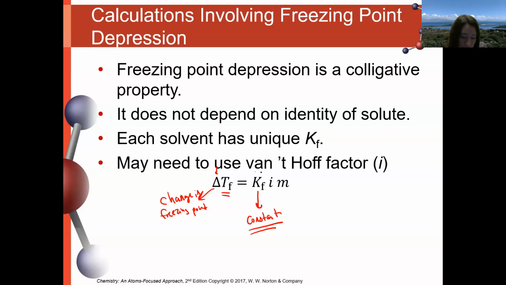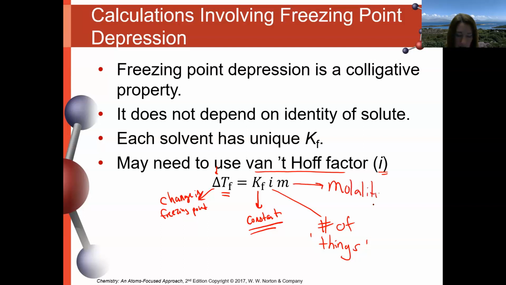This is the Van Hoff factor, i. This is the number of things. And that is our molality. So remember, what is molality? Molality is moles of solute over kilograms of solvent.